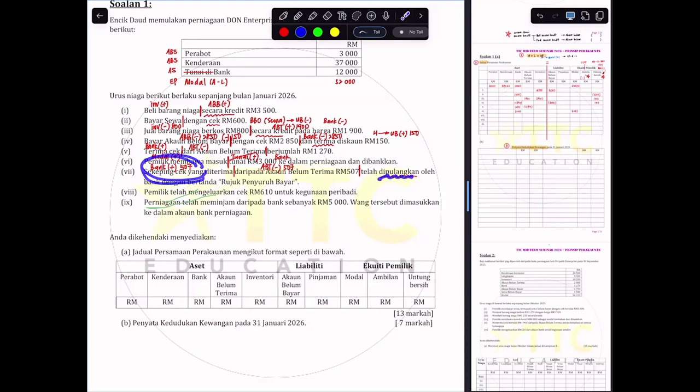That means, is the money belongs to us? Is the money that we keep in the bank belongs to us? Yes or no? No. So you need to remove out the money from the bank. Means you need to minus your bank instead to add.